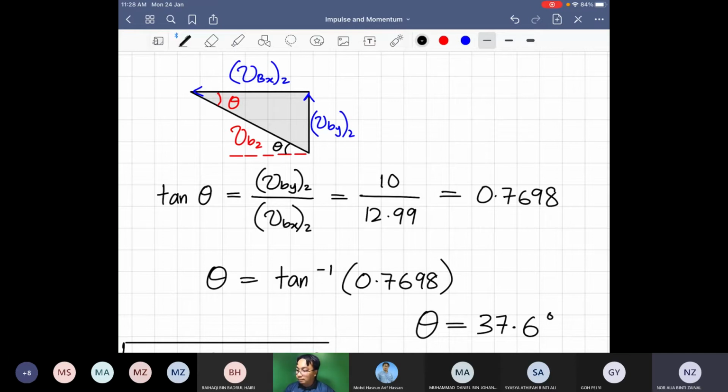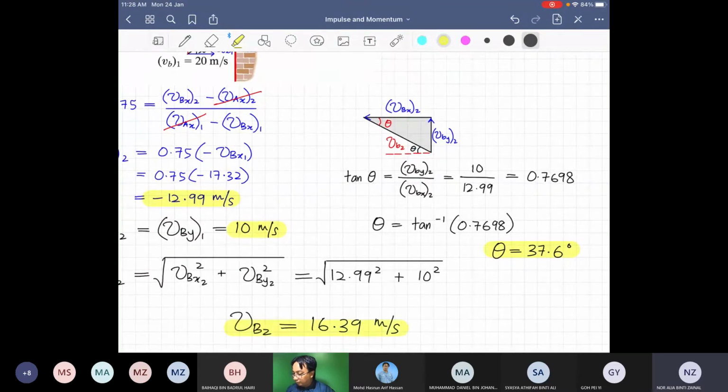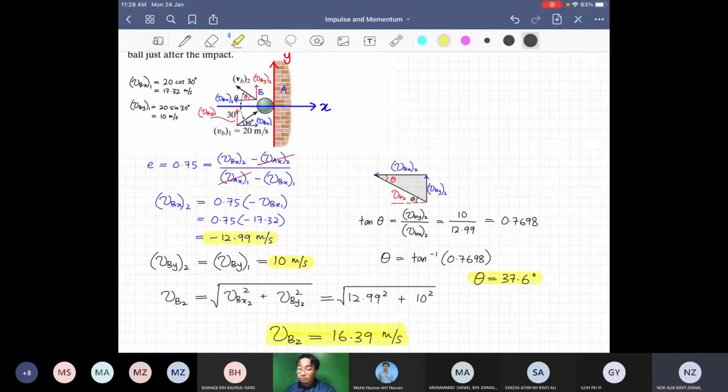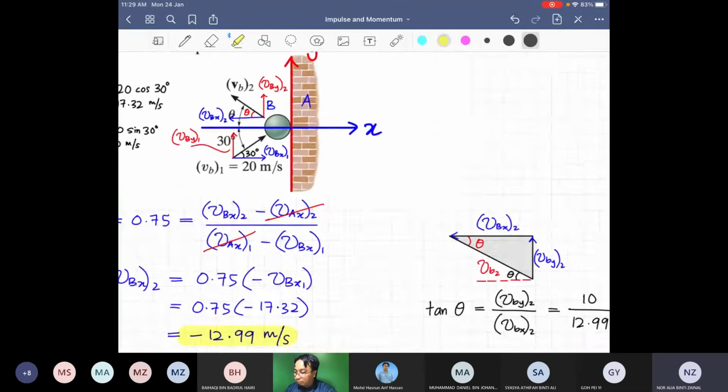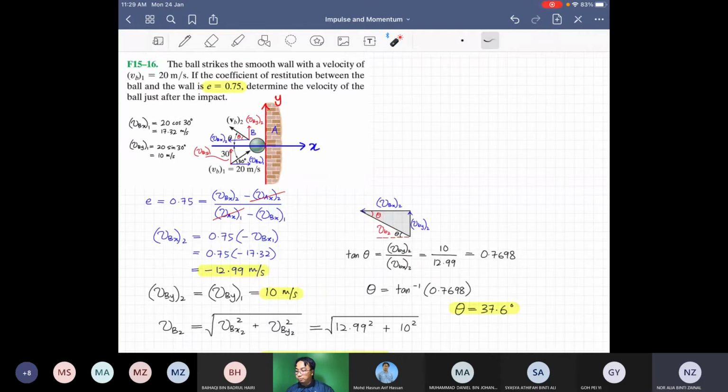Dalam soalan mungkin dia akan minta juga you untuk calculate theta. So we have the answer here lah. 16.39 is the VB2. Dan kalau dia tanya direction, meaning that dia nak tahu apa direction theta ni, kita dah tahu dia ke arah sini, tapi berapa banyak angle ni. So we have to find the angle also lah. So this is how you solve the problem.